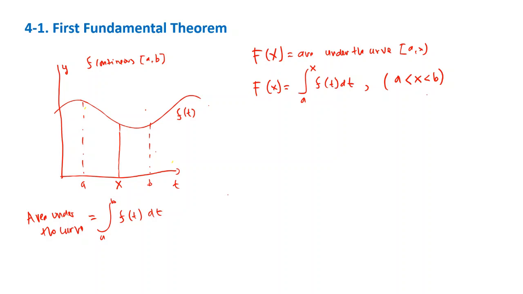A and B. So the fundamental theorem of calculus states that the derivative of F as a function of x, dF/dx, where F is the integral from A to x of f(t) dt, is equal to f(x).